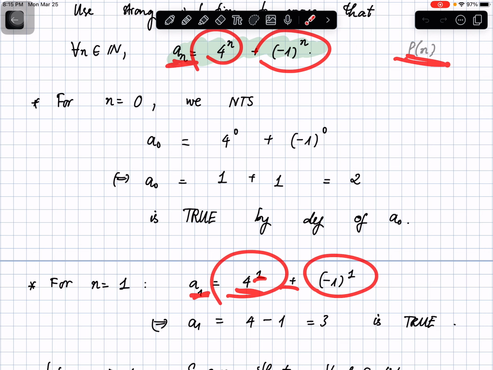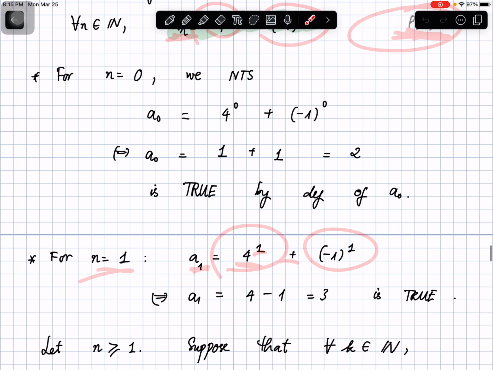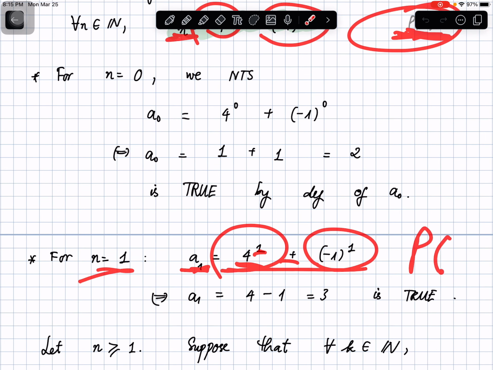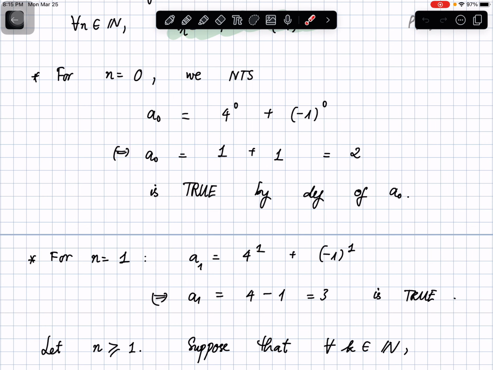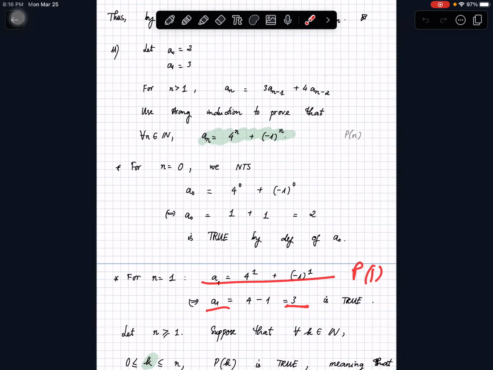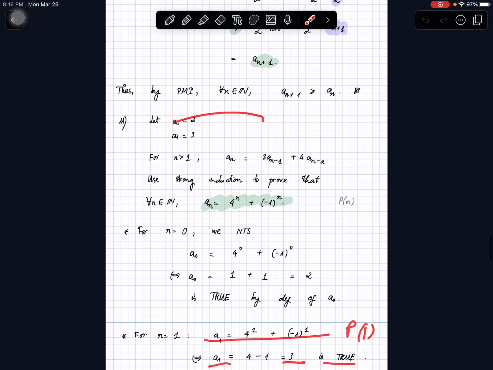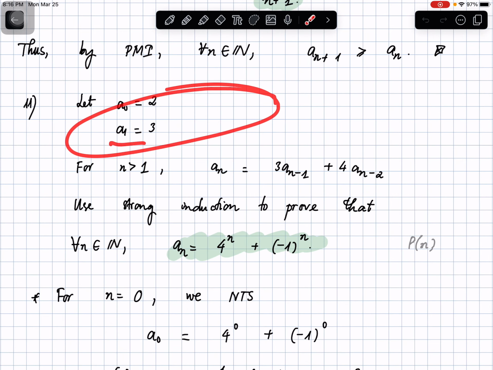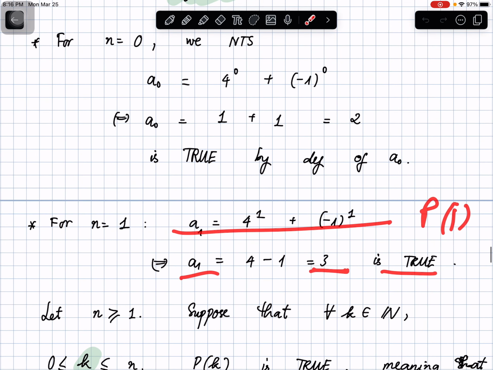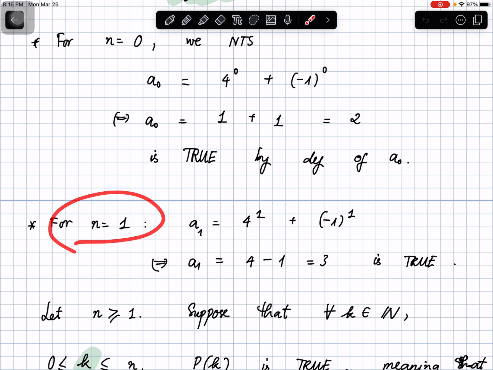We just replace n in P of n by 1. So this equals 4 minus 1 equals 3. This means that P of 1 says a1 equals 3. This is true again by definition of a1 equal to 3. So P of 1 is true.